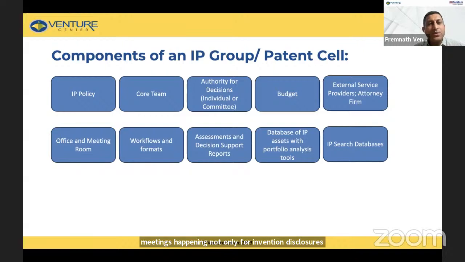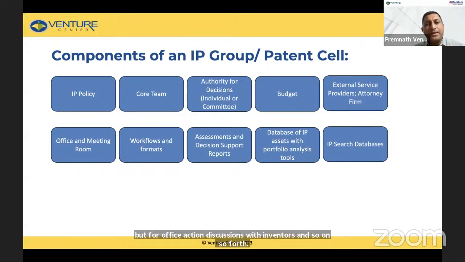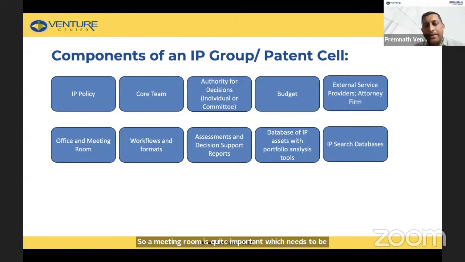So a meeting room is quite important, which needs to be relatively private. It can't be an open area. And you may need to invite sometimes external service providers into that meeting as well, depending upon what your process is. There will be workflows and formats.